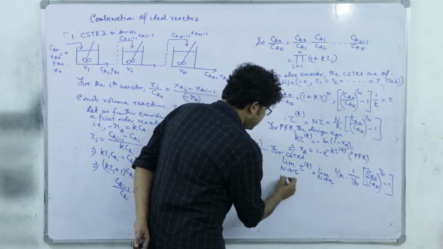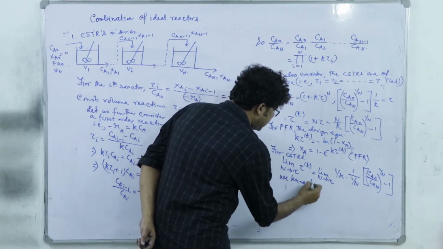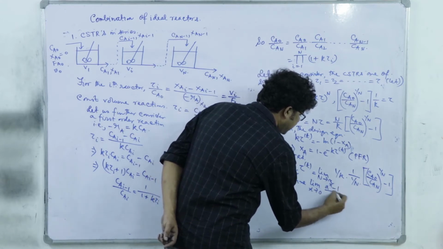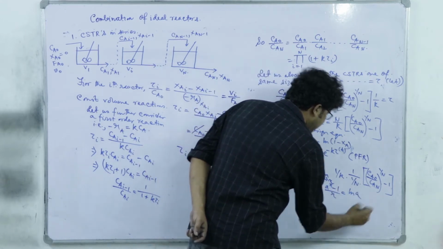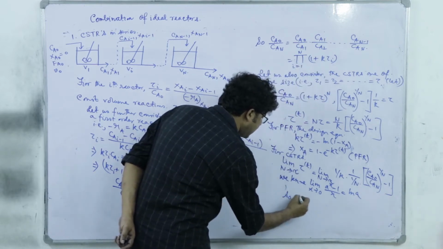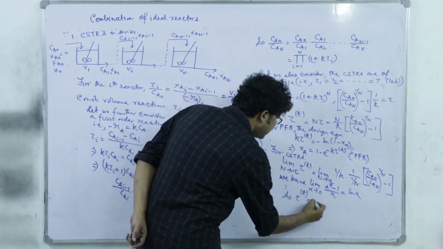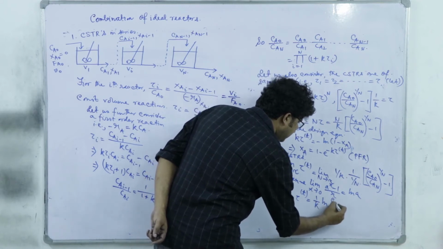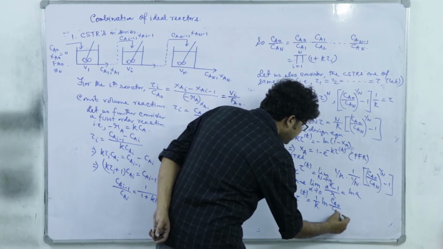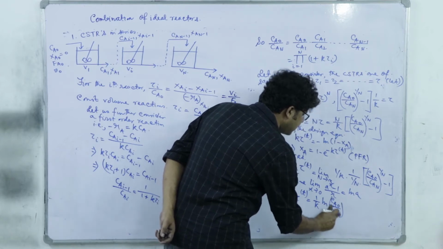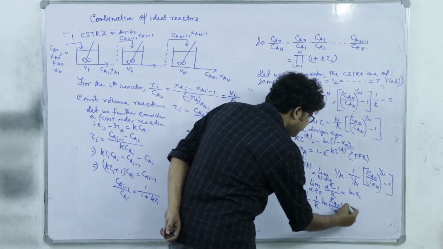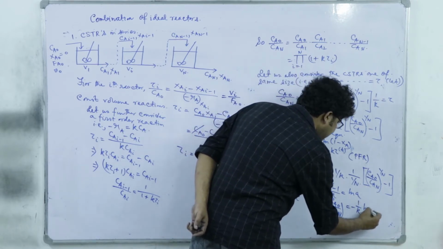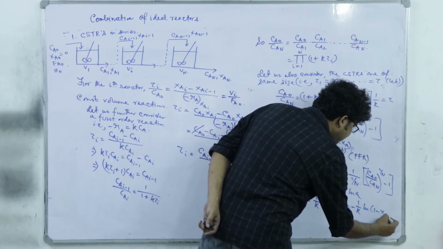So you know that the limit x tending to 0 of (a to the power x minus 1) divided by x equals ln a. So tau t is equal to 1 by k ln of Ca naught by Can, which is equal to minus 1 by k ln (1 minus Xn).